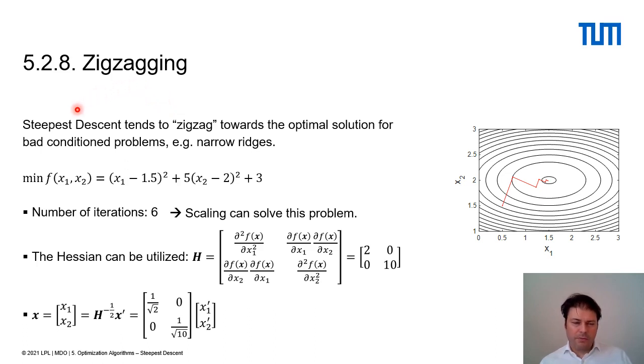There is one problem with steepest descent, and that problem is related to so-called zigzagging towards the optimal solution. When you think of this example problem here, you can tell that if you change your candidate solution along this search direction, you will not end up at the optimum.